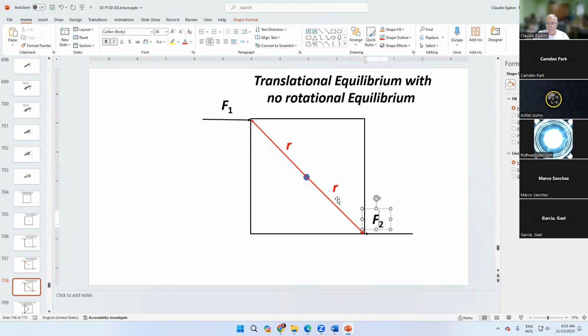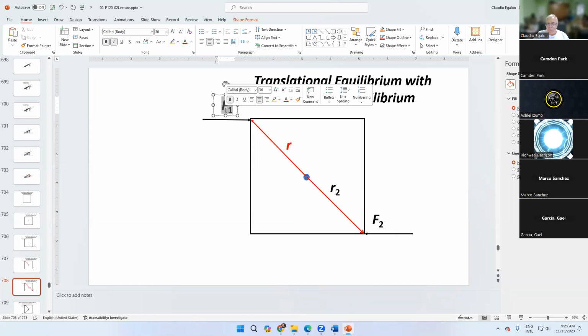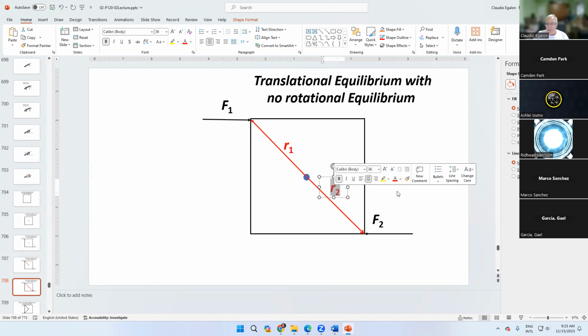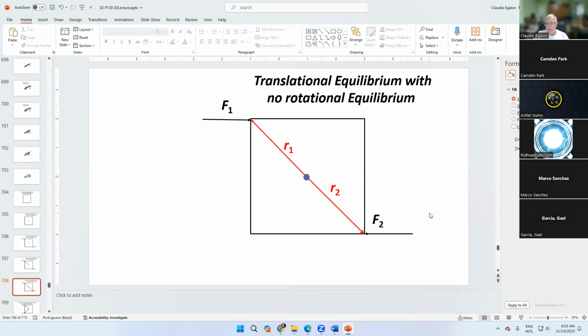Here is going to be R2, and here is going to be R1. I'm gonna put them in red color, so they are associated with that specific vector.